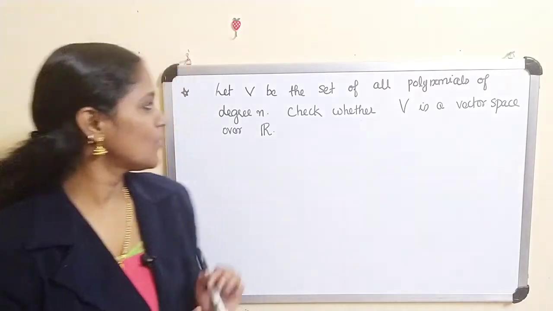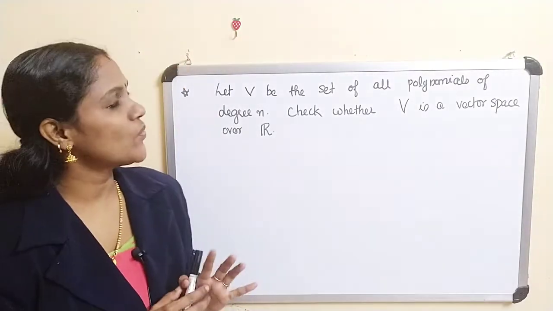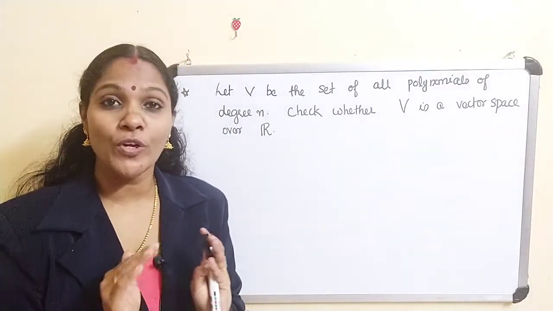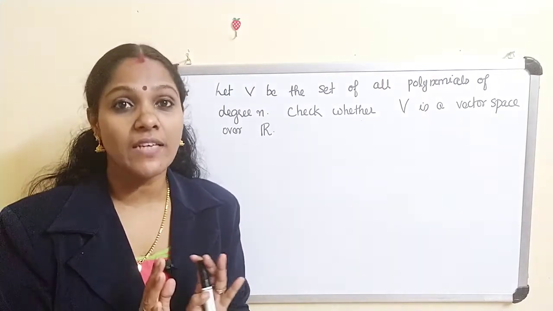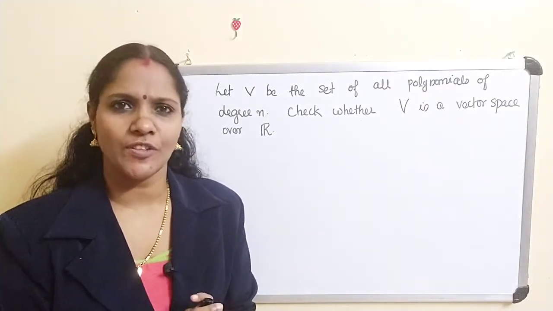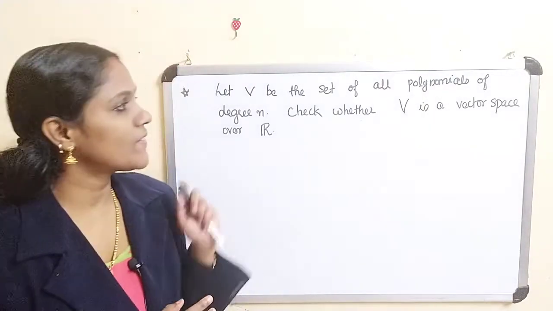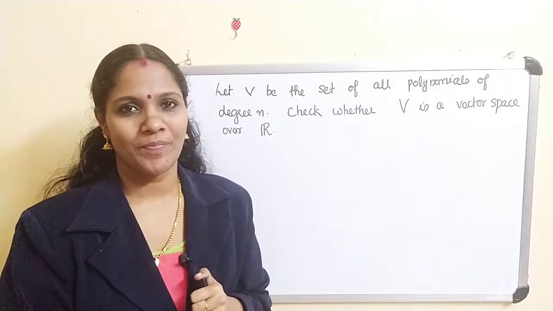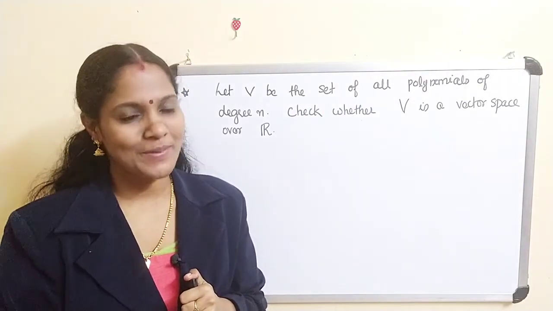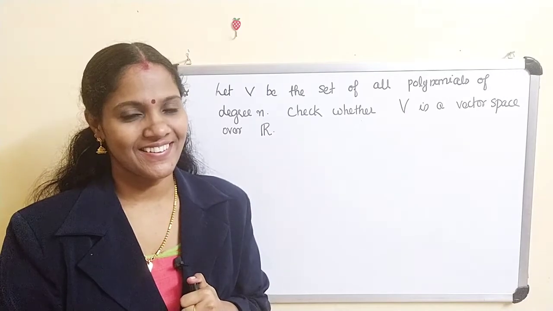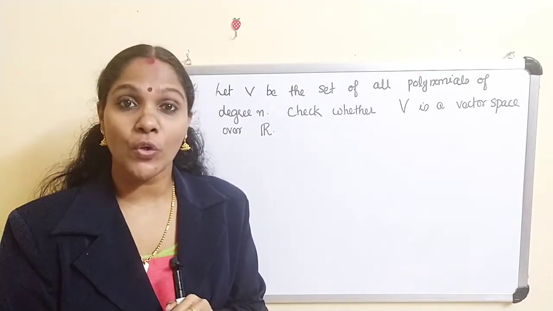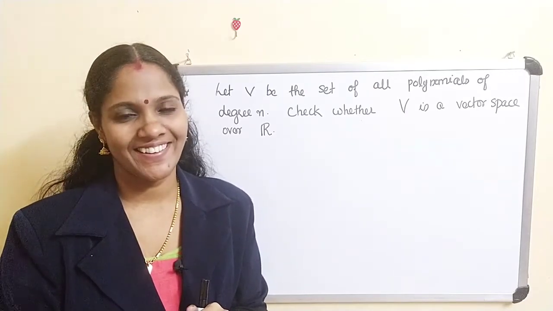So what about here? Here V is the set of all polynomials of degree exactly equal to n, where n is a positive integer. Check whether V is a vector space. Clearly the answer is no. Why?